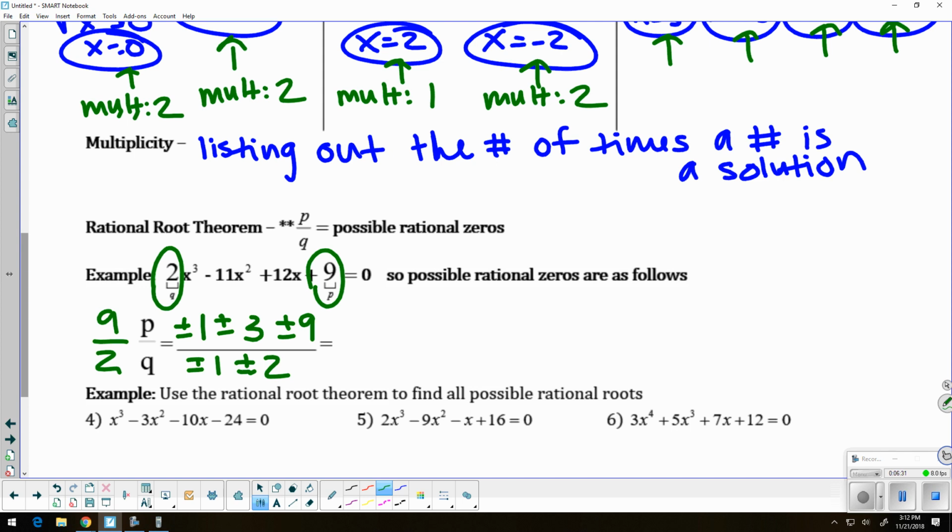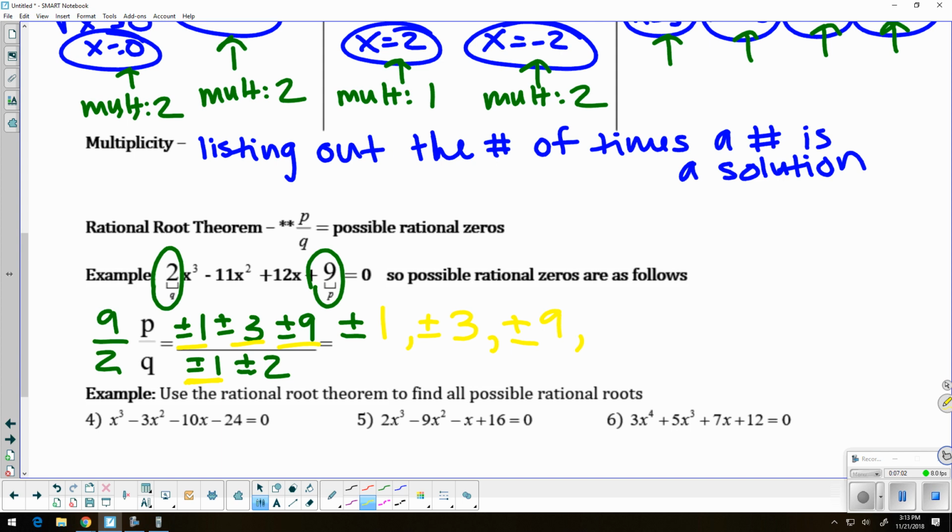Here's how you list out the actual possible zeros now. So you're going to start with plus and minus. You want to list out all the factors in the numerator over all the factors of the denominator individually. So just even starting with the 1 over 1, let me kind of highlight what I'm doing. So 1 over 1, which is obviously just 1, and then doing 3 over 1, so that'd be plus and minus 3, followed by plus and minus, now you want to do 9 over 1, so that's plus and minus 9.